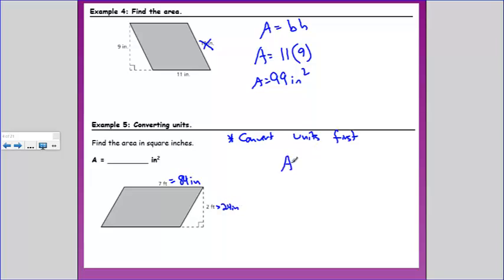Now we follow our rule. Area equals base times height. We place our known variables. The base is straight across, which will match 84. The height is straight up and down, which is 24. And then we're going to get our answer in inches squared. I'm going to go on this side and do some longer multiplying. 4 times 4, carry the 1.